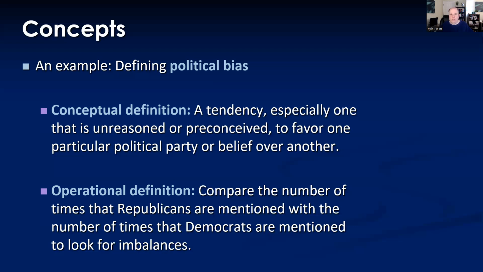You know, Democrats are mentioned 24 times, Republicans are only mentioned 12 times. Therefore, this news story, document, video, whatever, is biased in favor of the Democrats because of my operational definition of political bias. So that just gives you one example.